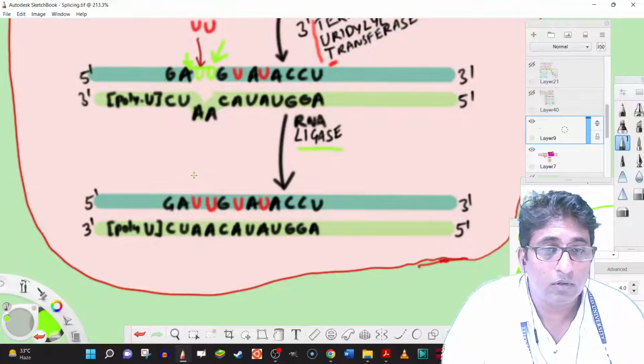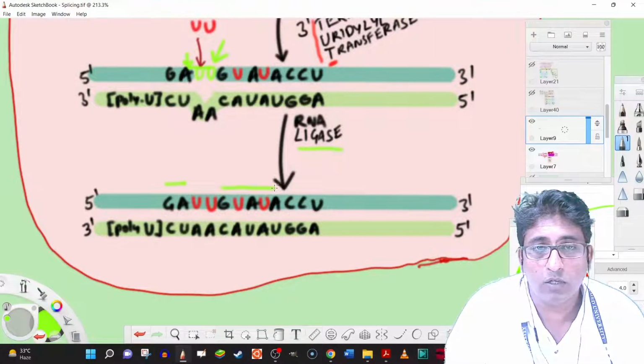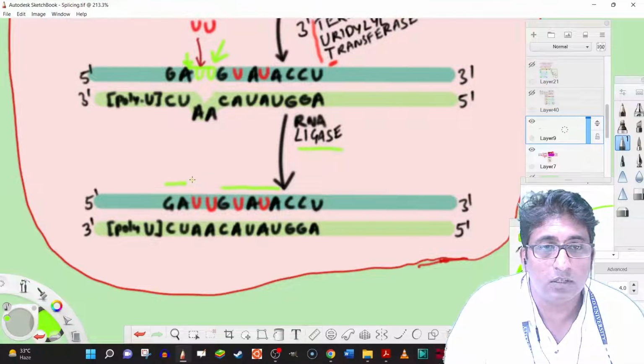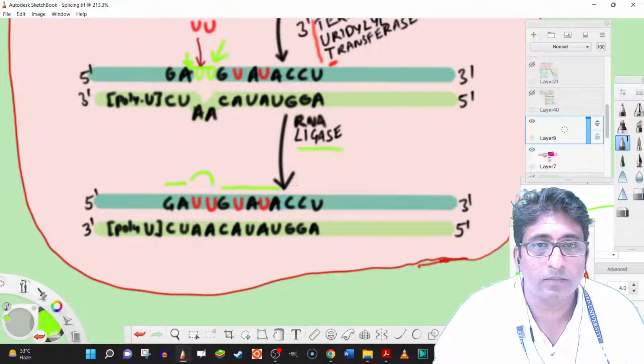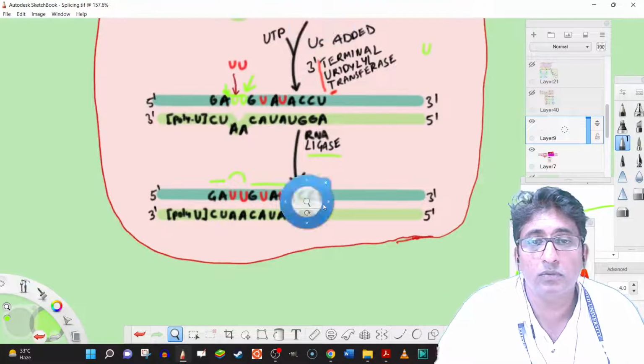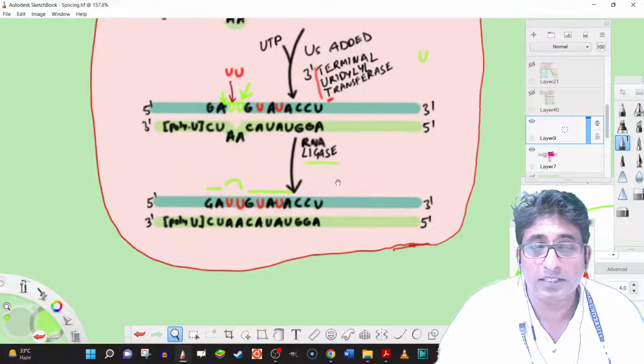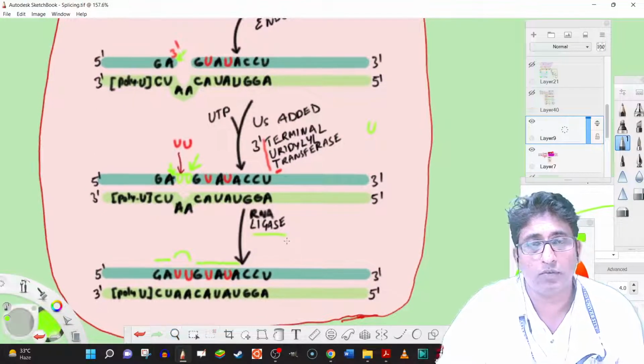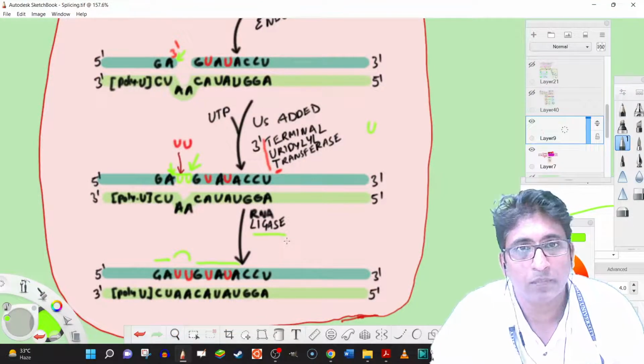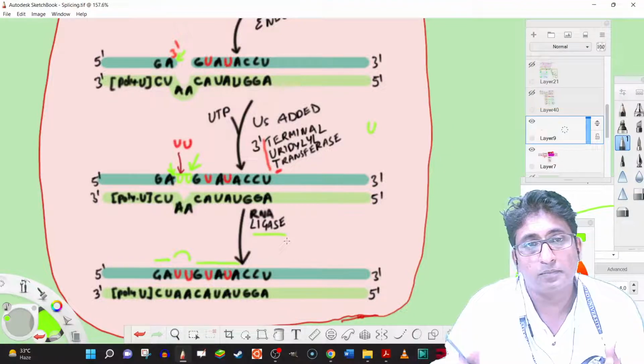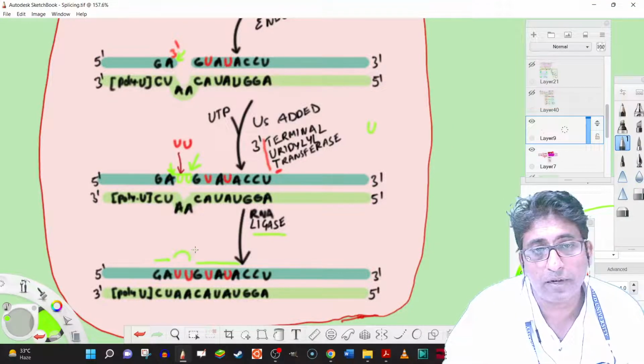And now the original mRNA had a sequence GA, GU, AU, ACCU. And upon editing, we have two different uridines. I hope you can recollect the significance of change in the number of bases in an open reading frame. It would change the reading frame itself.